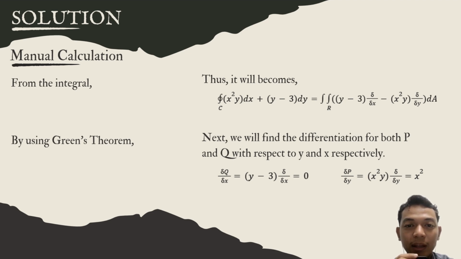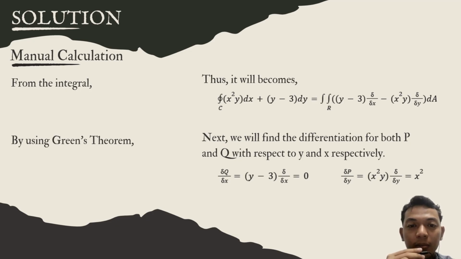And then, by applying Green's theorem, the integral of P dx plus Q dy will be equal to the double integral of del Q over del x minus del P over del y, dA. Next, we will substitute P and Q into the formula.